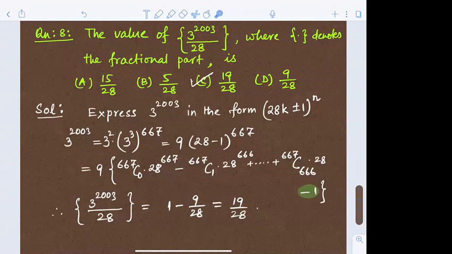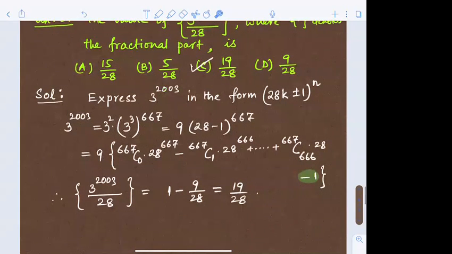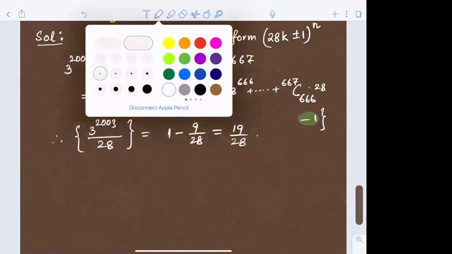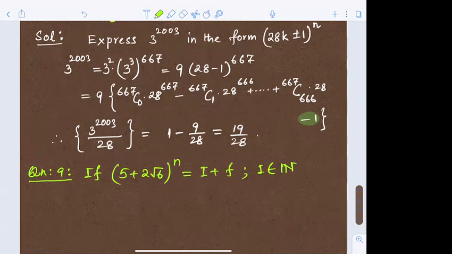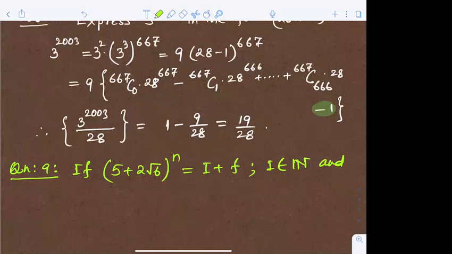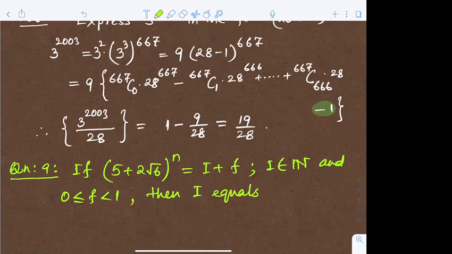Okay, let us take another question here. If (5 plus 2 root 6) whole to the power n is equal to I plus f, where I belongs to N, the set of all natural numbers, and 0 less than or equal to f less than 1, then I equals what?